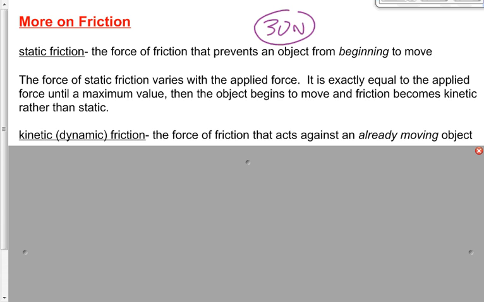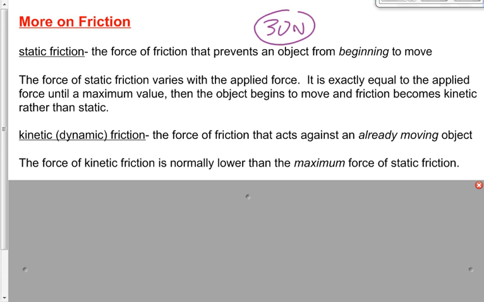Kinetic friction, on the other hand, also known as dynamic friction, we've already defined as the force of friction that acts against an already moving object, that resists the motion of the object that is already moving. Good thing about kinetic friction is that it is what it is.